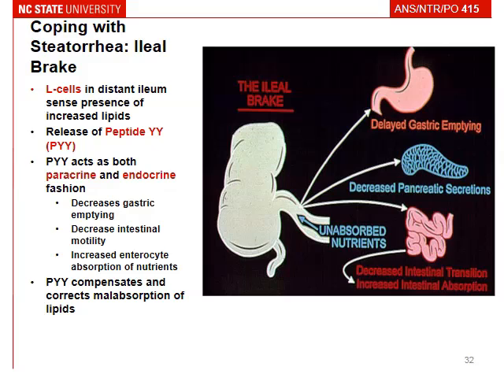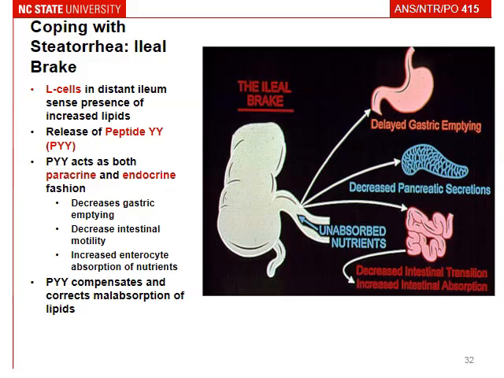So how do we cope with steatorrhea? Well, this is where we have the ileal brake. Our L cells in our distal ileum sense the presence of increased lipids, and these L cells cause the release of peptide YY, or PYY.